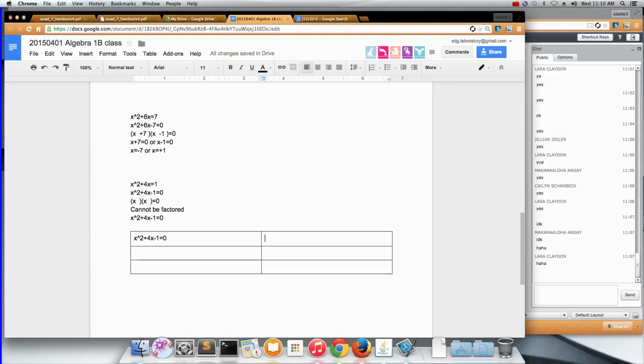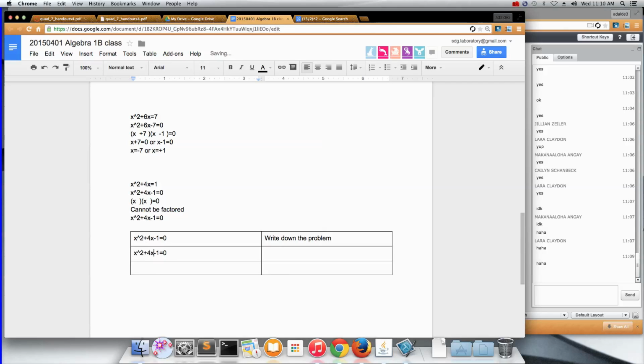All right. So step 1. Write down the problem. Well, that's an obvious step 1. Okay. Step 2. I'm going to put a really big space, a weird space in between, and just put the middle and end numbers.